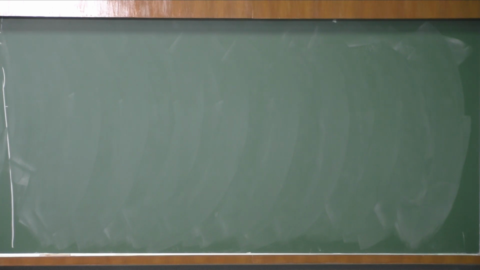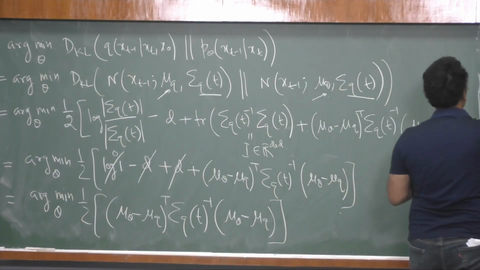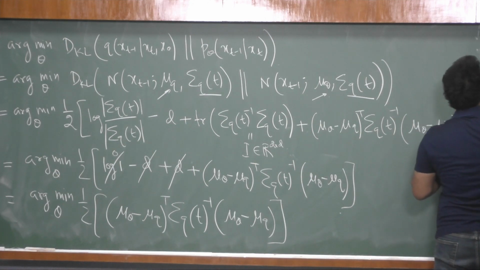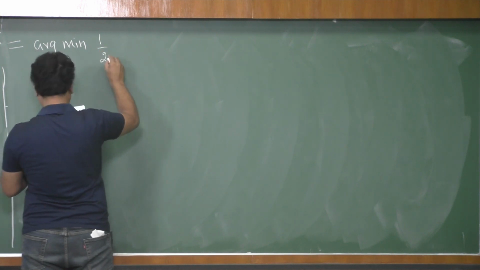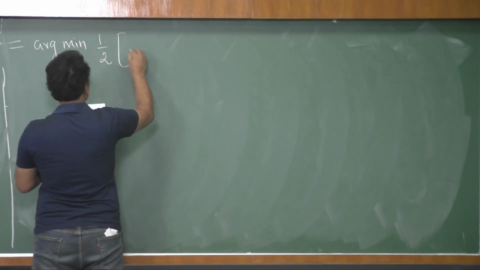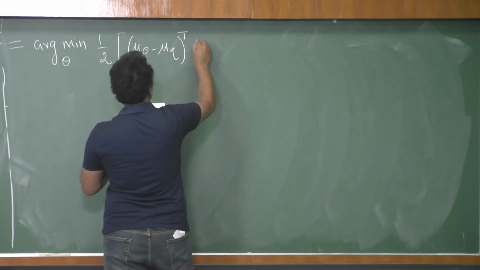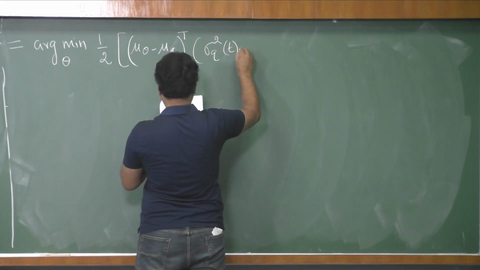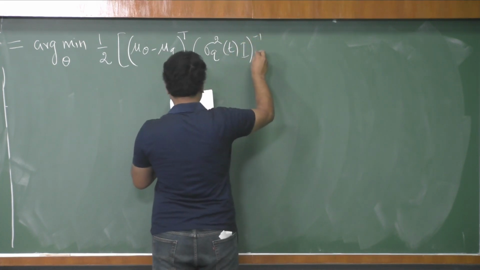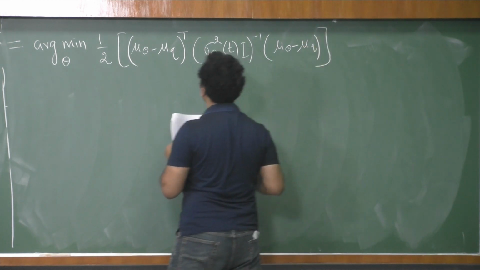We will put that sigma qt that we obtained from the last class, and this will become arg min of theta, and then half, and then mu theta minus mu q transpose sigma q squared t identity inverse, and then mu theta minus mu q.